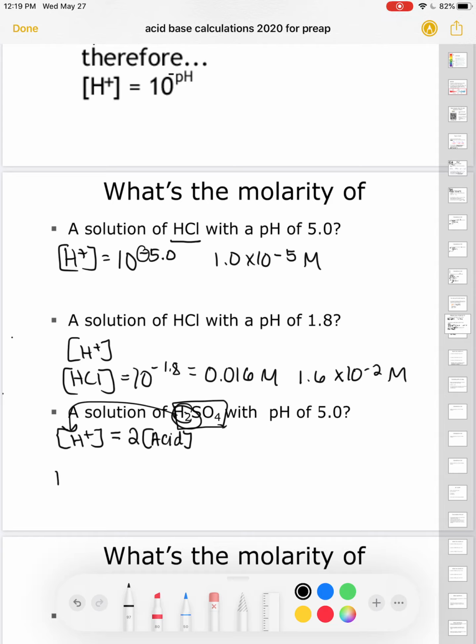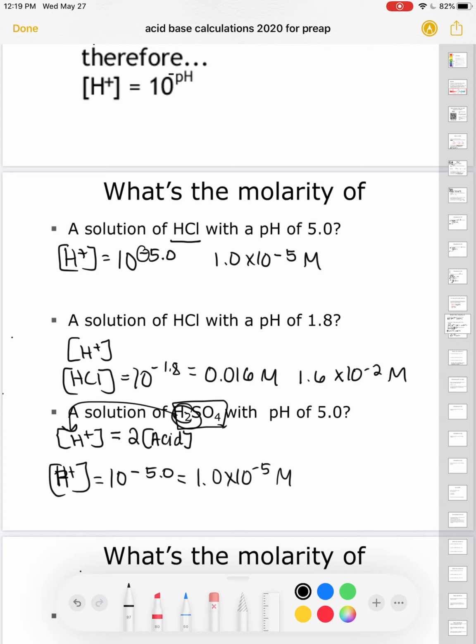Okay, so pH, so hold on a second, H plus is equal to 10 to the negative 5.0, which gives me 1.0 times 10 to the negative 5 molar. But remember, that's just my hydrogen concentration.